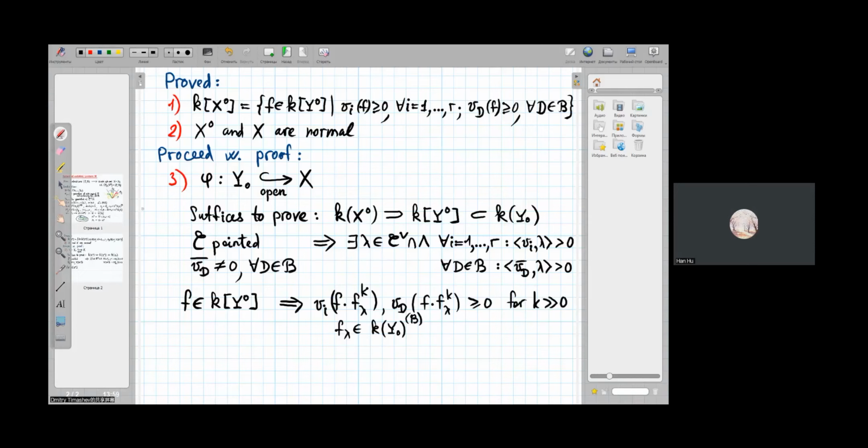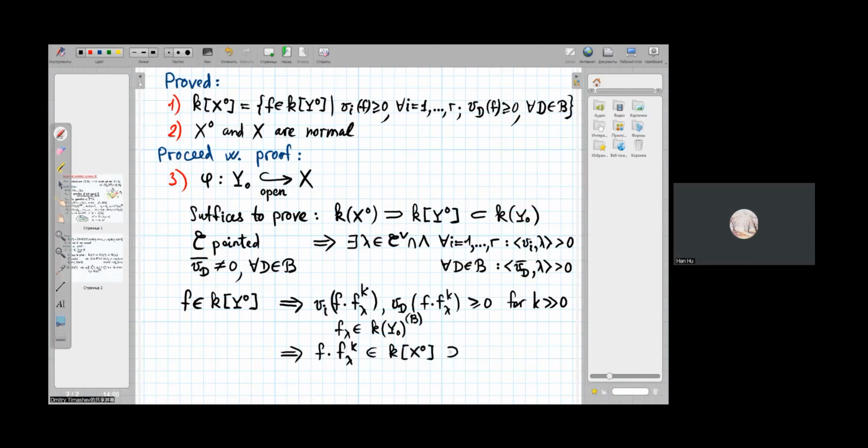But in view of the first step, in view of this description of the coordinate algebra of X upper naught, this means exactly that this product function belongs to this coordinate algebra. So f times f lambda to the k belongs to the coordinate algebra of x upper naught.